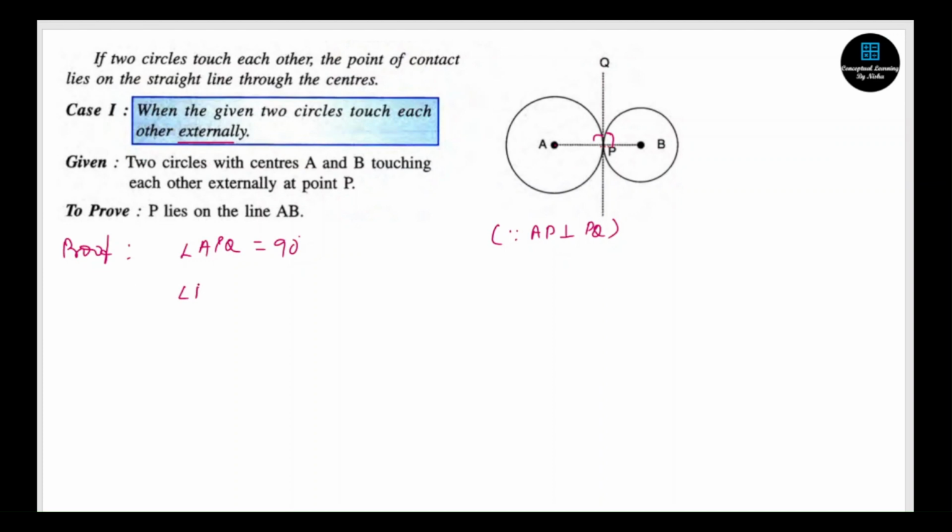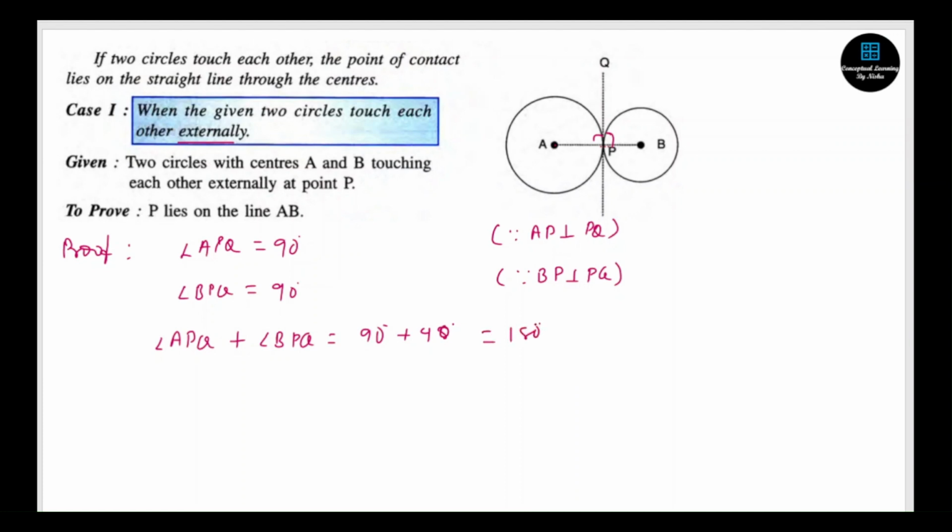One more thing: angle BPQ is equal to 90 degrees again. Why? Because BP is perpendicular to PQ. Now when I add these two angles, APQ plus BPQ is 90 plus 90, which is 180.